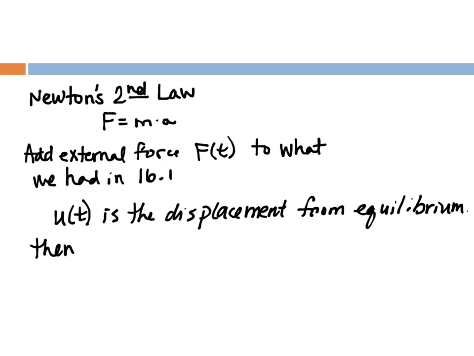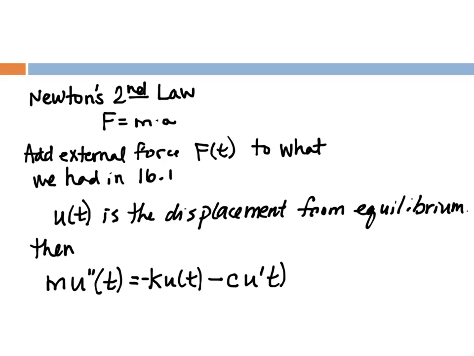Then we have the following differential equation. Part of this we saw from last time, and I'll identify that after I've written it out. So this is mass m times u double prime of t equals negative k u of t minus c times u prime of t. And then we have our new force acting upon our equilibrium, which is f of t.